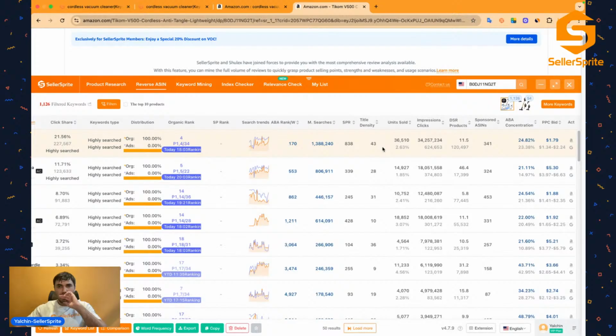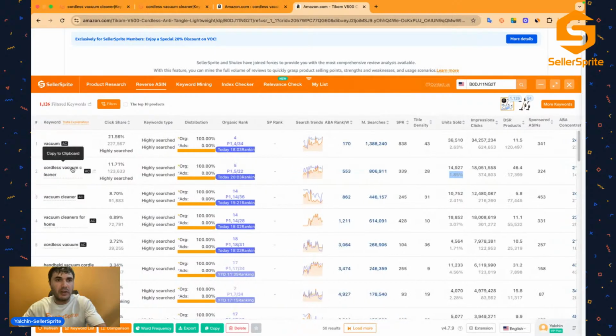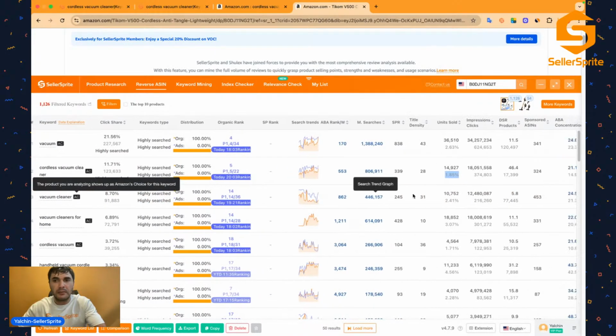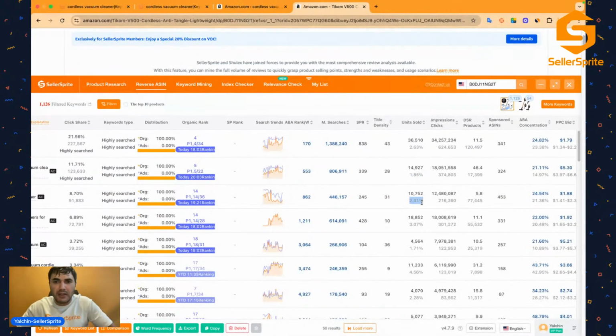Now I just lost it. I don't know why it's not showing here, but normally here we see the conversion rate of each keyword. You see the keywords are here on the left side, and we are going to see the search volume of each keyword, how many units sold and what's the percentage of that conversion rate.